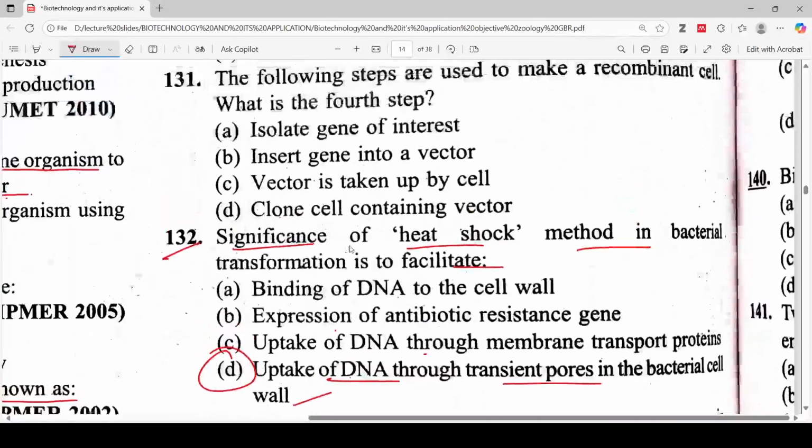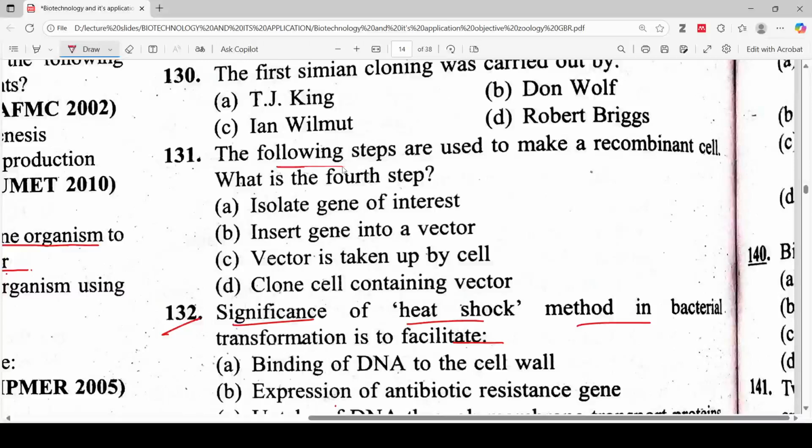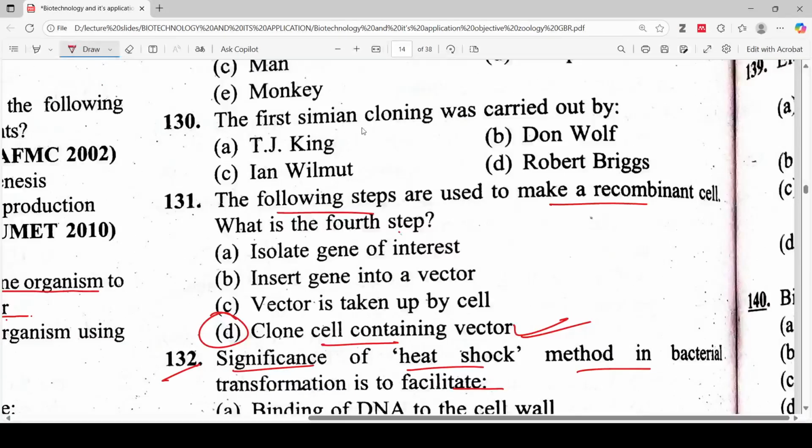So the next question, the following steps are used to make a recombinant cell. What is the fourth step? So the fourth step is option D, clone cell containing vector. The first simian cloning was carried out by.